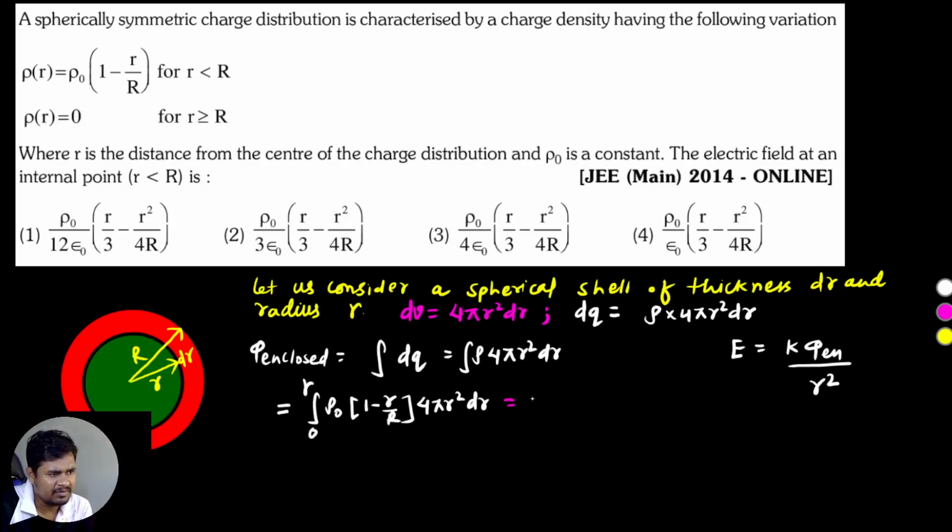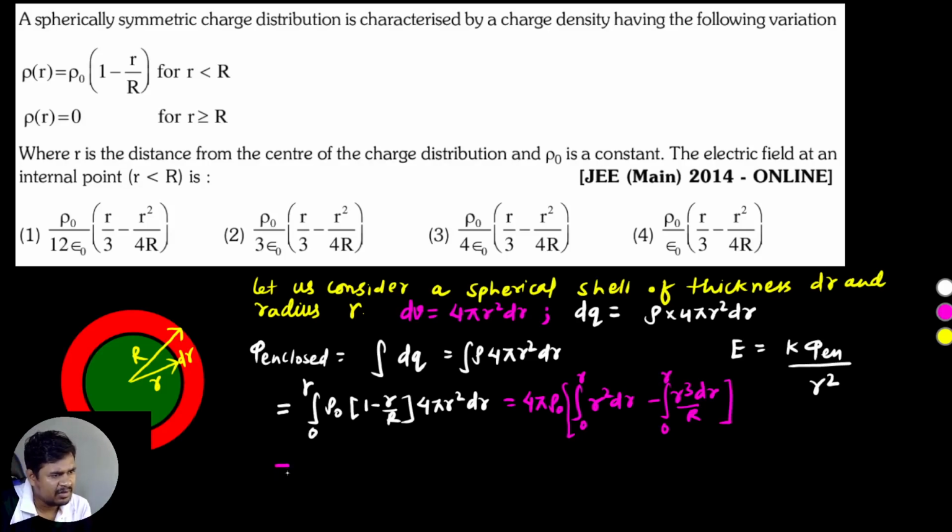If I substitute the value here and simplify, first of all I will take the constants out of the integration, so rho naught and 4 pi. So 4 pi rho naught is a constant which can be taken out, and in the integral we have r square dr ranging from 0 to r, minus r cube dr by R, again from 0 to r.